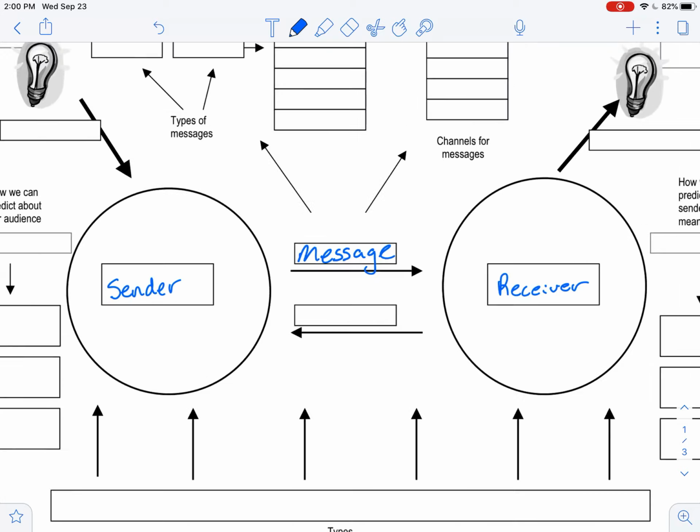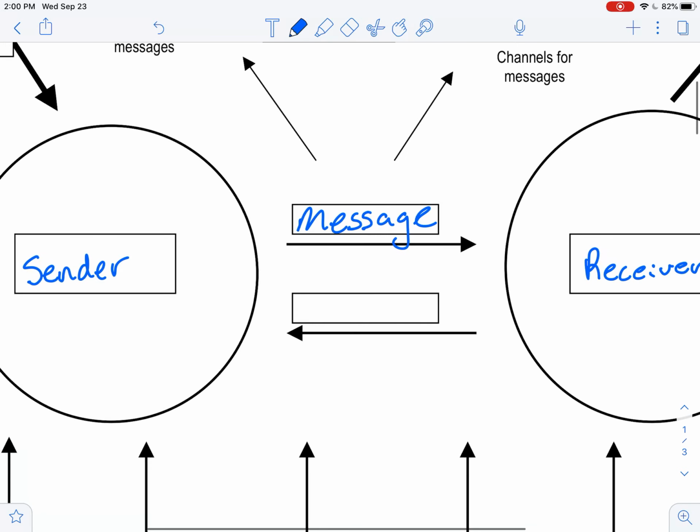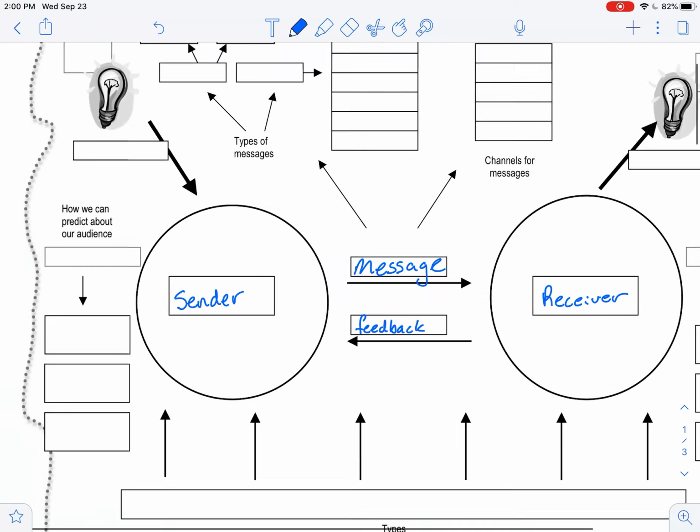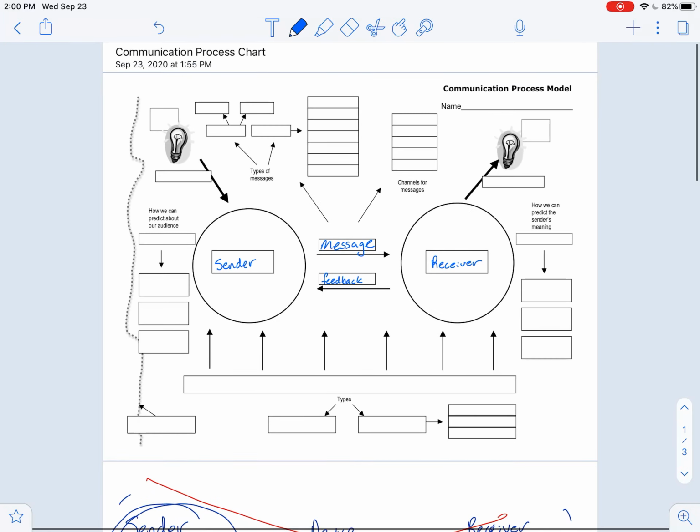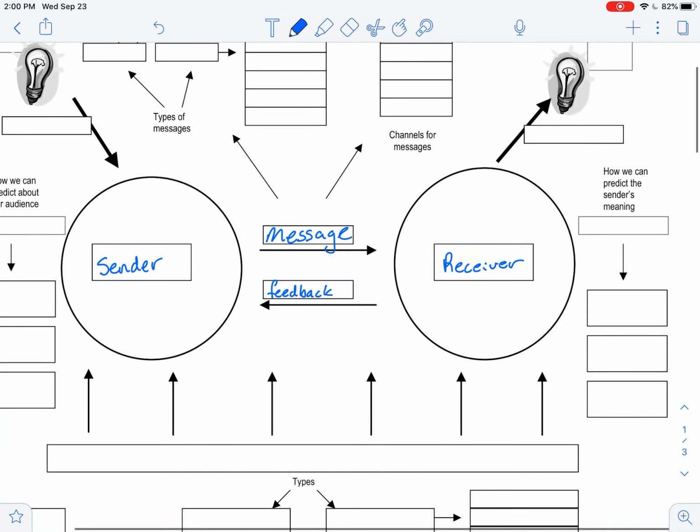It's a process that is circular, and that is because it includes feedback. So the process is continuous. The communication process is never ending. It goes in a circle. So every time messages are sent, they are also received, and the sender gets feedback. So it goes in a continuous circle.